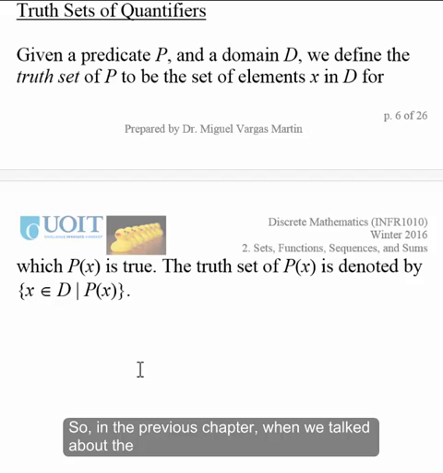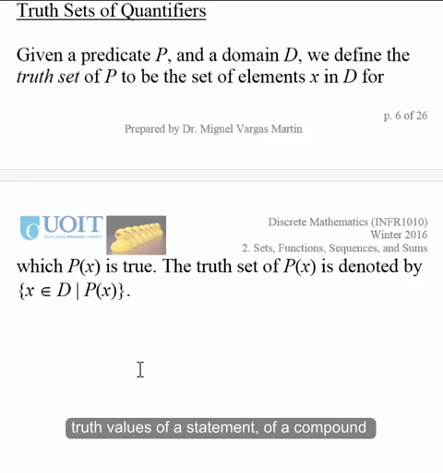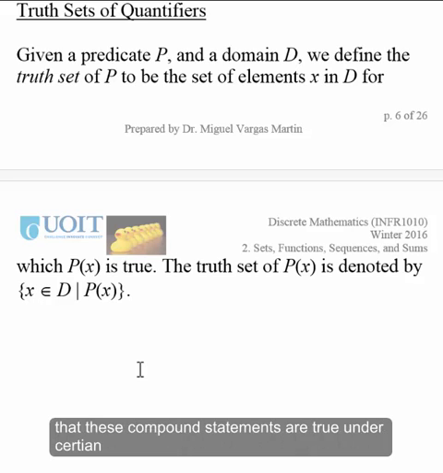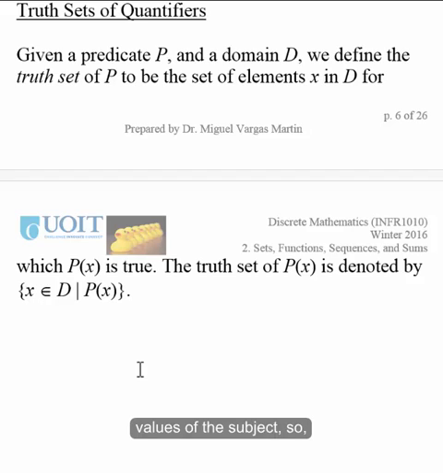So in the previous chapter, when we talked about the truth values of a compound statement or a proposition, and then we had a predicate and a subject, we said that this statement is true for certain values of the subject.